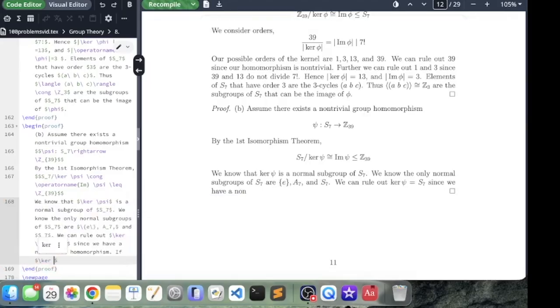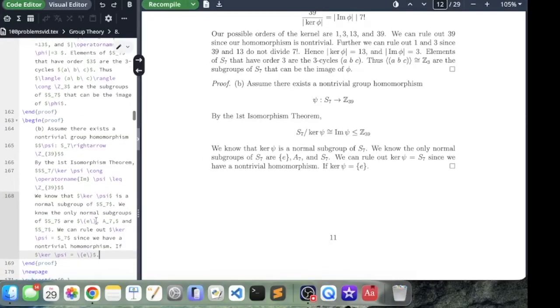If the kernel of psi is equal to the trivial subgroup, then S7 is isomorphic to the image, which is a subgroup of Z39.